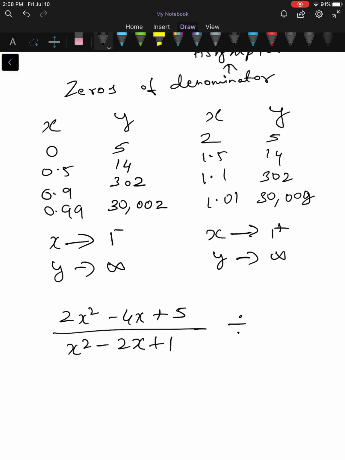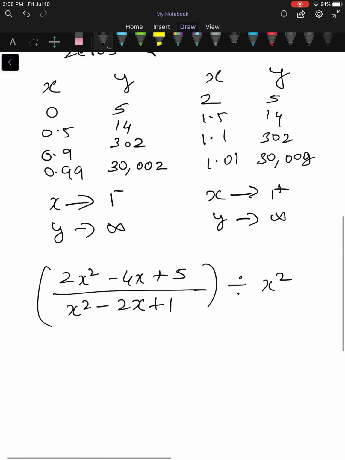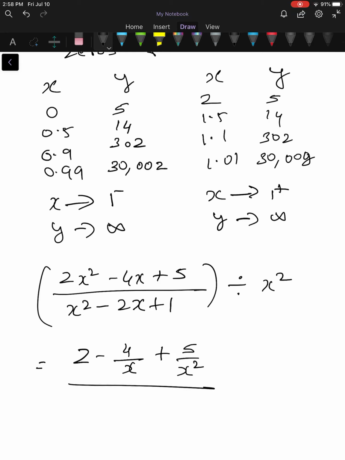What do we get in that case? We get 2 minus 4 over x plus 5 over x square, divided by 1 minus 2 over x plus 1 over x square.